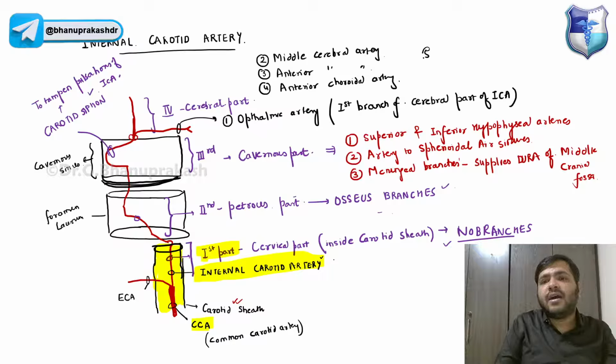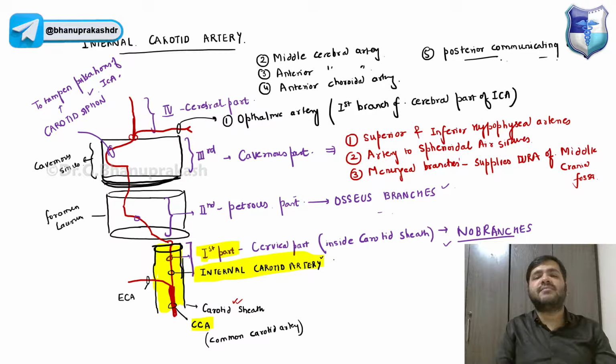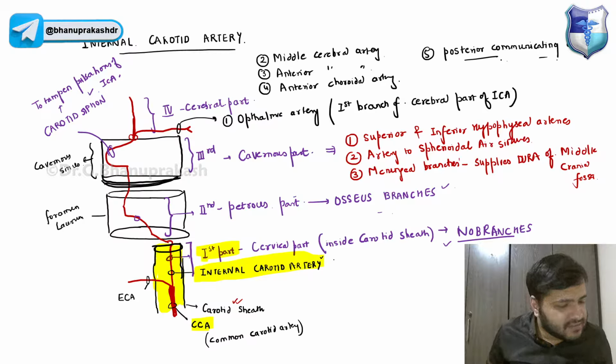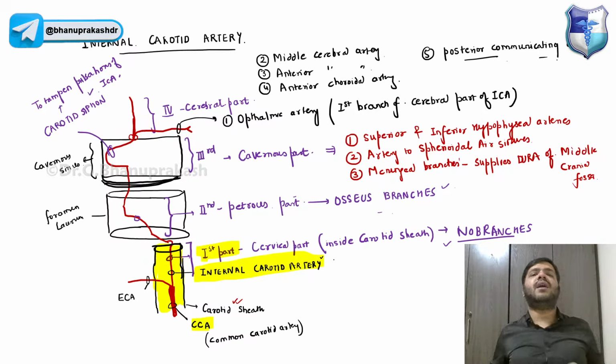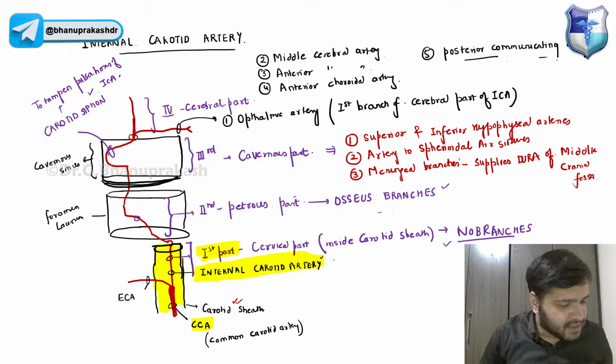And we also have the posterior communicating artery, the left and the right, a branch of the internal carotid artery joining with the posterior cerebral artery. That is something you already know. So this is about the internal carotid artery, guys. I hope this is clear to each one of you.